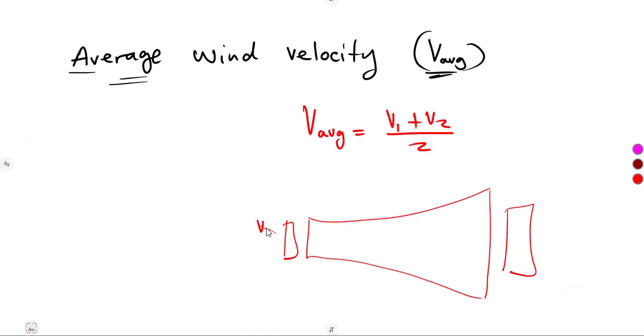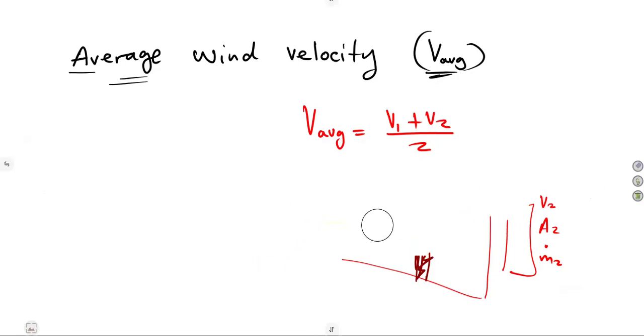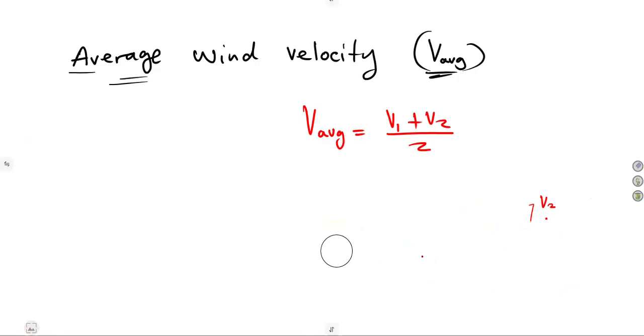There we have the velocity at the initial, the area, also the mass rate, the same thing, V2, A2, the mass rate at the exit, where in between we shall have the swept area. Those conditions are going to be considered. There are some of the laws that are going to be considered later on as part of our calculations. We are going to see that later.